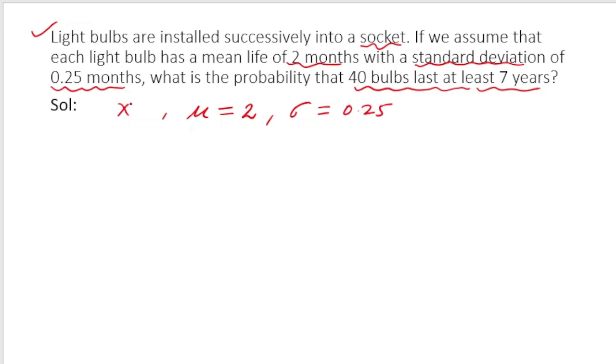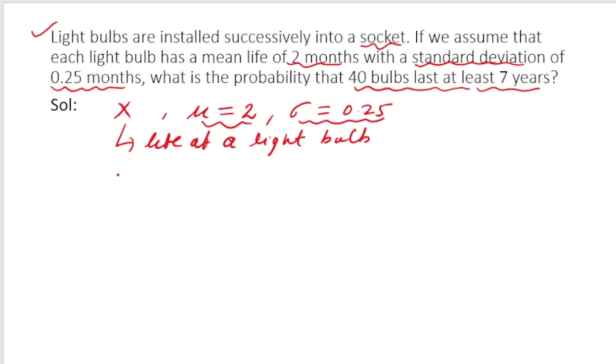See, it is not given that x follows a normal distribution. It is given that x is a random variable representing the life of a light bulb, whose mean is 2 and whose standard deviation is this.